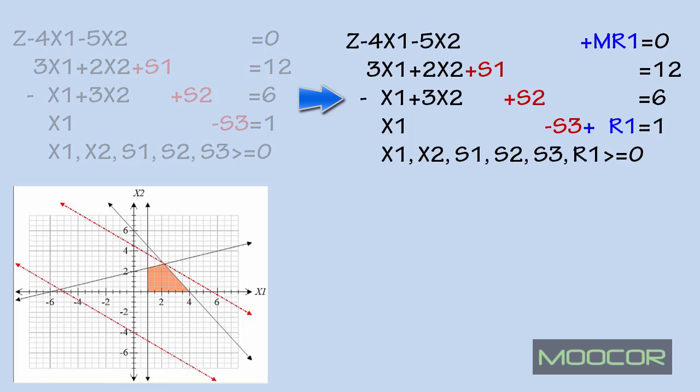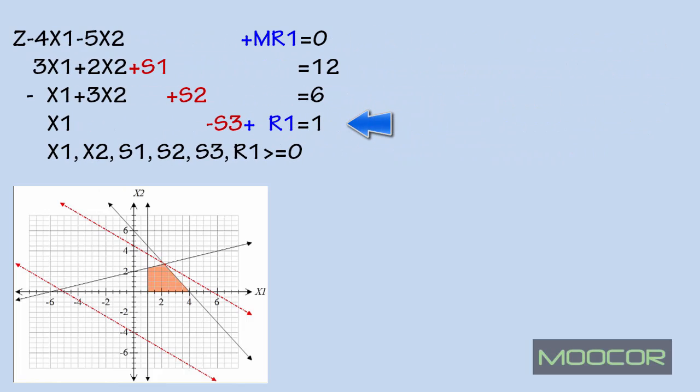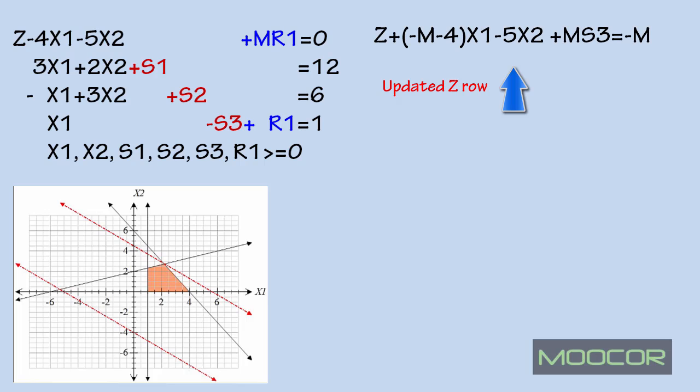As I follow these steps, I have to multiply the third constraint by negative M and add it to the 0 row, so the new updated row no longer has the R1 in it.